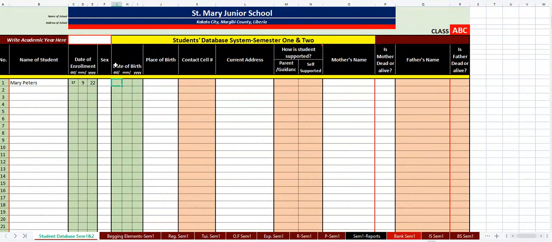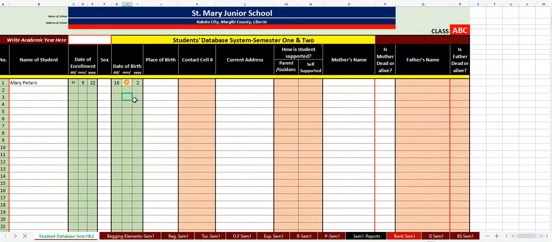So now we have date of birth. Maybe this student was born the 16th of March. March is the 10th month, and then the year is let's say 2002. This is 02, 2002.